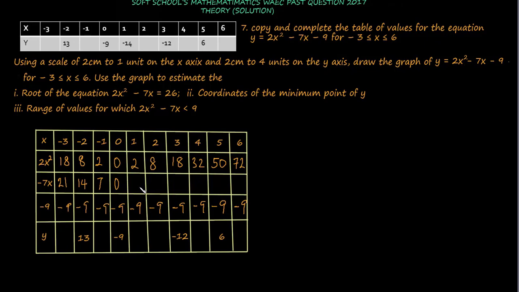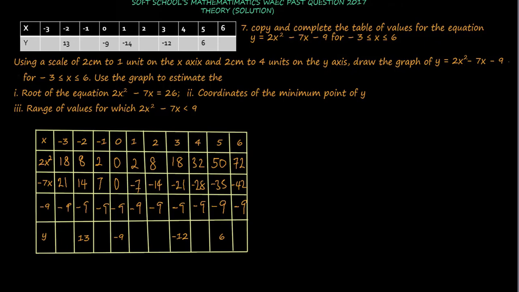Minus 7 times 1 gives us minus 7, then minus 14, minus 21, minus 28, minus 35, and minus 42. Now 6 times 7 is 42.